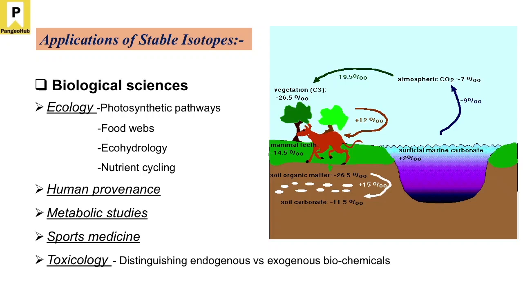For example, deuterium, 2H, is used as a tracer for the rate of ingested fluids, to find out how these ingested fluids are absorbed in the body. Then there is toxicology, to distinguish between endogenous and exogenous biochemicals.